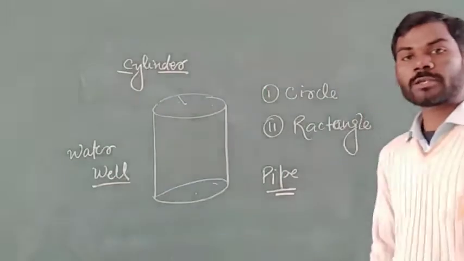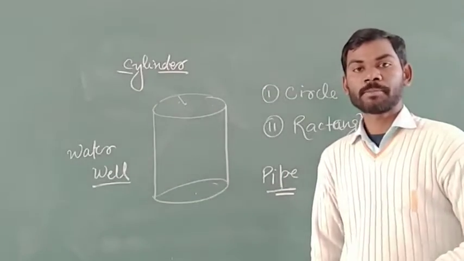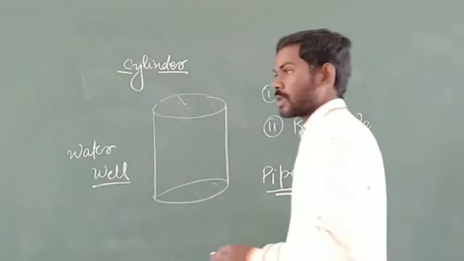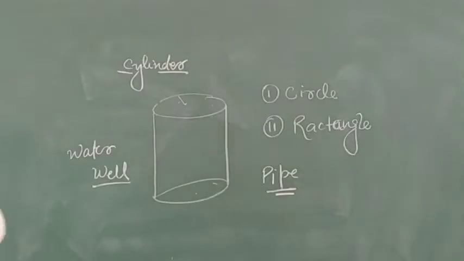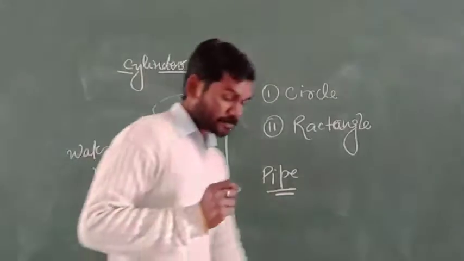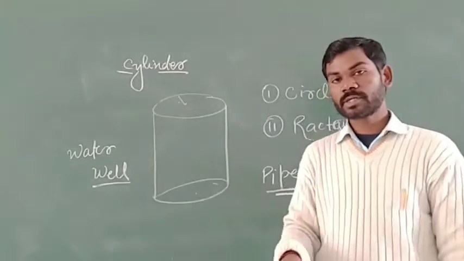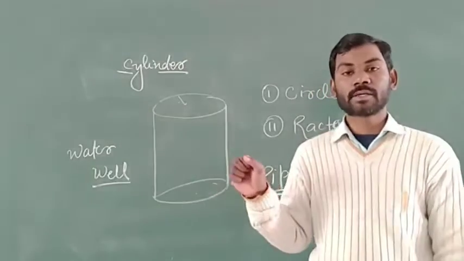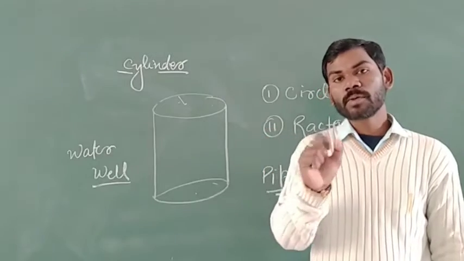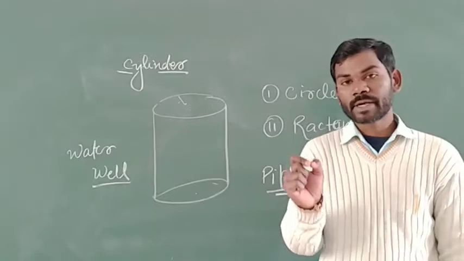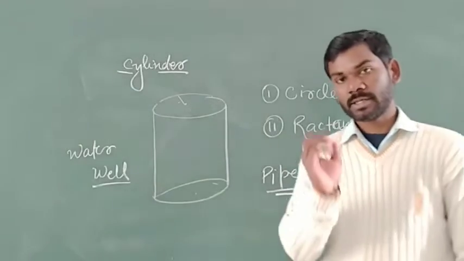A well is also an example of a cylinder because it has two circular regions with its rectangle. Here you may be confused that you cannot see the rectangle, but it has one.